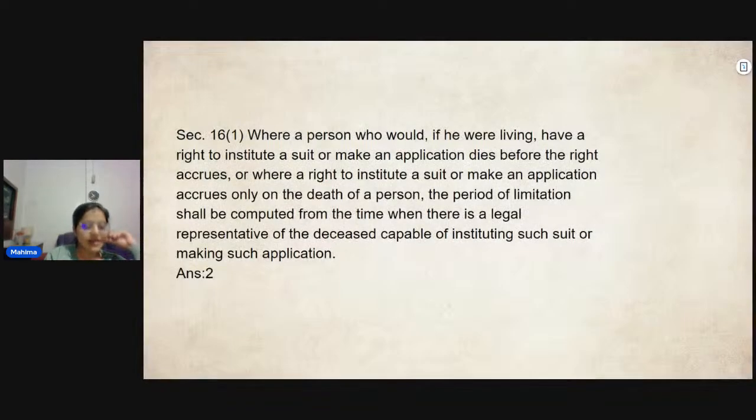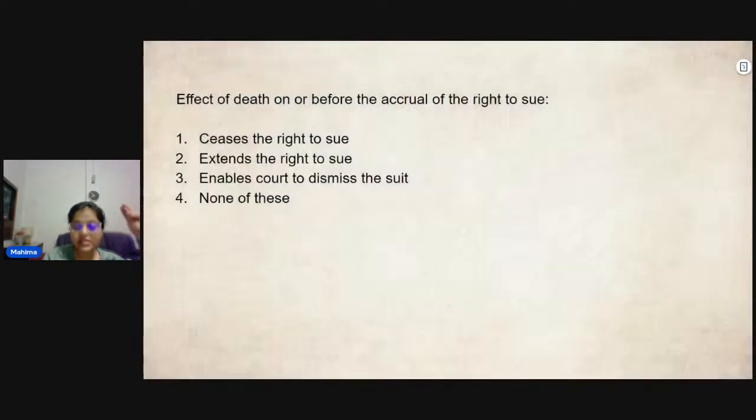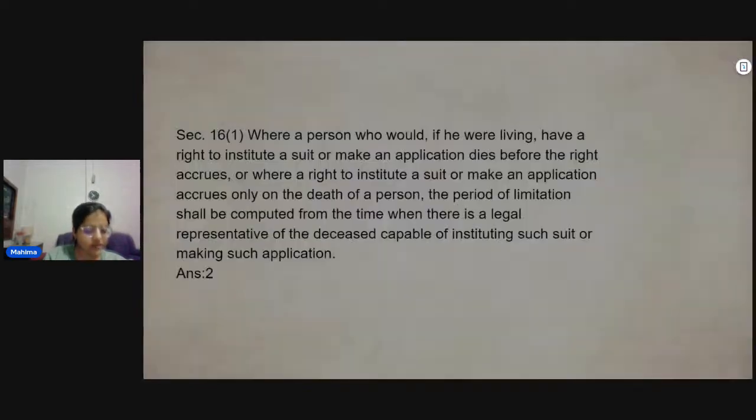Yes, it extends the right to sue and does not cease the right to sue, nor does it enable the court to dismiss the suit. This was correct by everyone. Pritika, Shubham, Medha, Divya, everyone is correct.